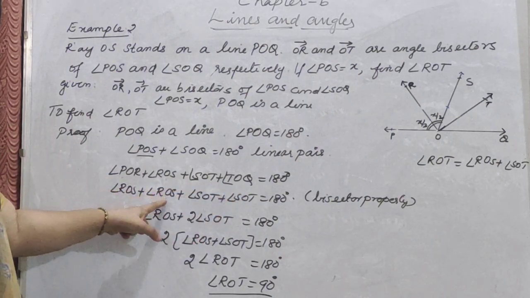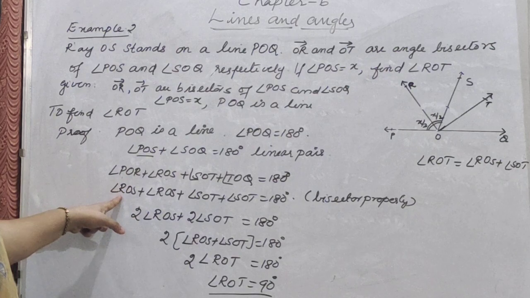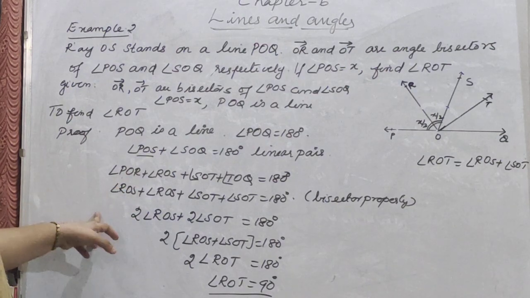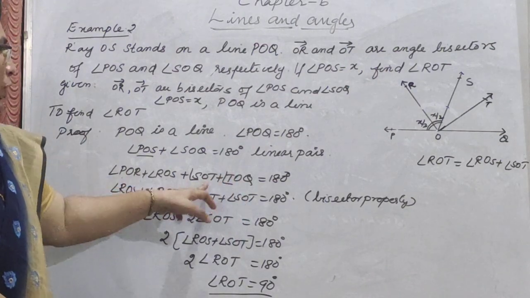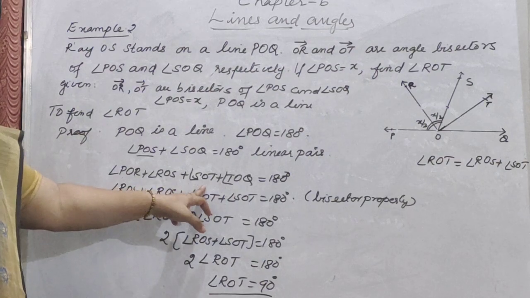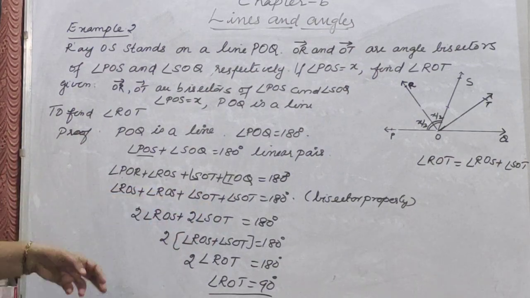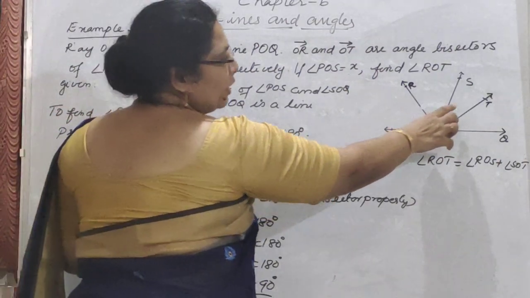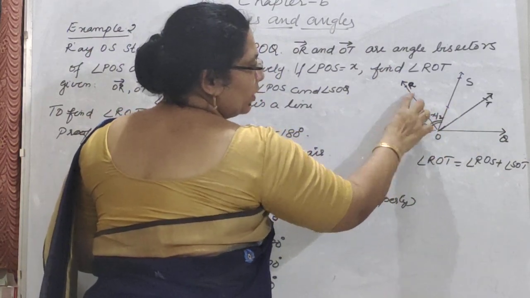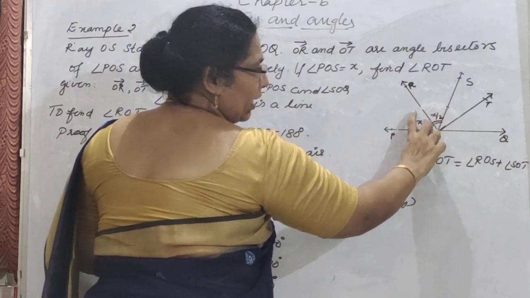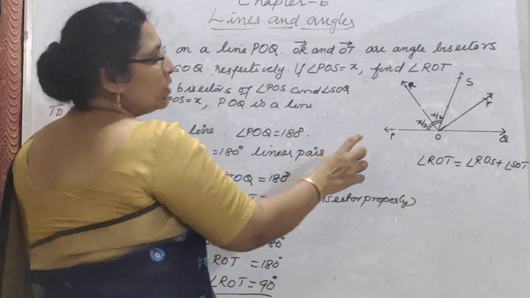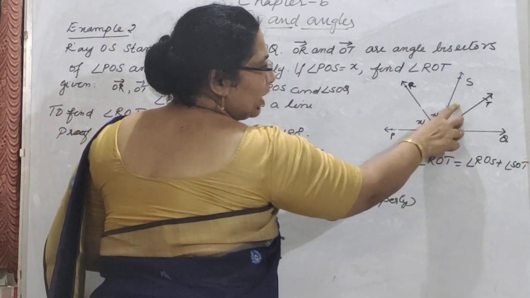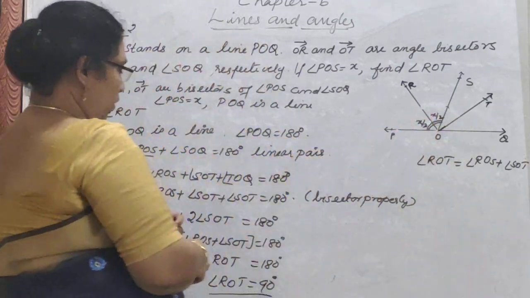Now ROS we can replace for POR because both are equal by bisector property, and TOQ is equal to SOT. Both are equal because of the bisector property. While doing the diagram I explained that when OR is the bisector, these 2 angle values are equal. Similarly OT is the bisector, so these 2 values are equal only.